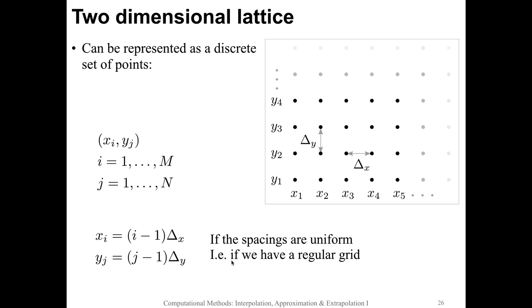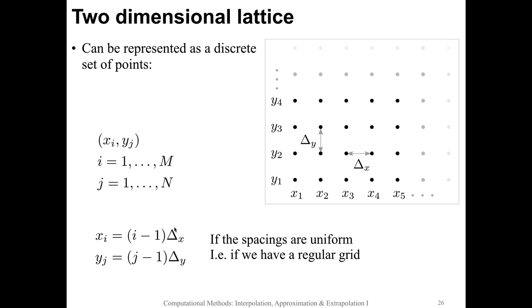If the spacings are uniform, in other words, if we do have a regular grid, which we're assuming that we do, then the location xi is going to be equal to this expression. If we evaluate this for i equals 1, then xi is equal to 0, then x2 would be equal to, substituting 2 in here, delta x, and then the next one will be another delta x along, and so forth.